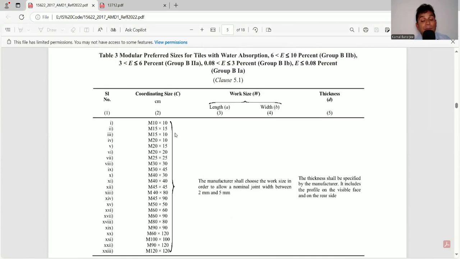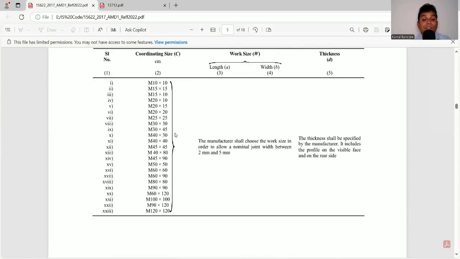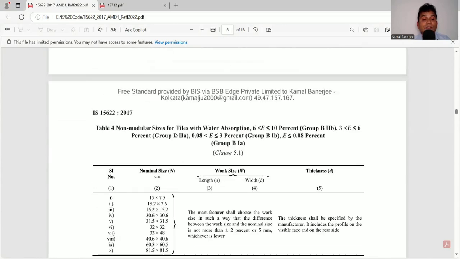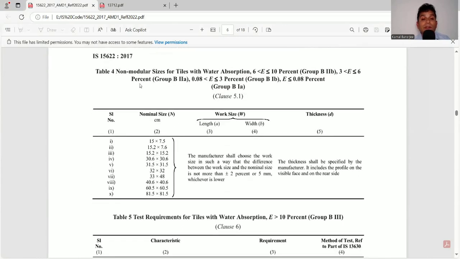And what is the non-modular size? That is also given in table 4. In table 4 you can see non-modular size and our criteria E, that is water absorption less than 0.08. Here you can see different non-modular sizes can be produced: 15 by 7.5, 15.2 by 7.6, 15.2 by 15.2, 30 by 6, 30.